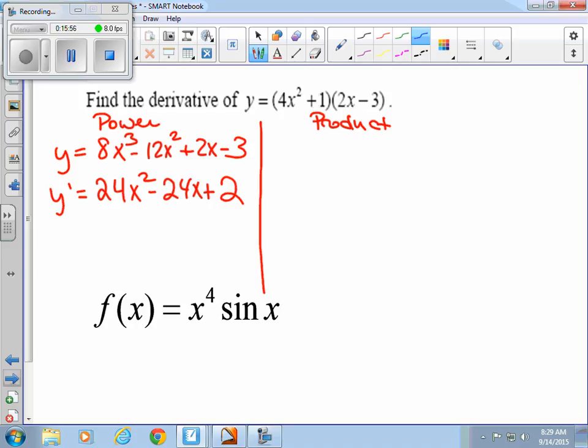That's the product rule. Using the product rule, what will I do? I just leave the left-hand side alone. Which part's the left? So this piece is the left, right? So I'm just going to leave it alone. Right, so there's this one.